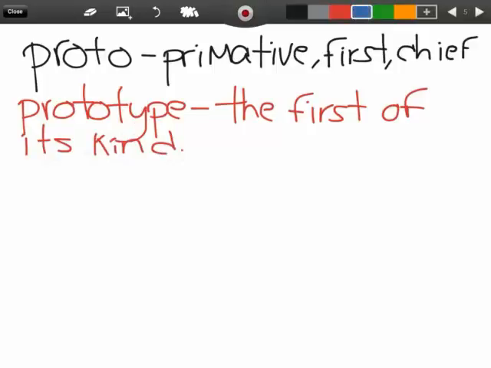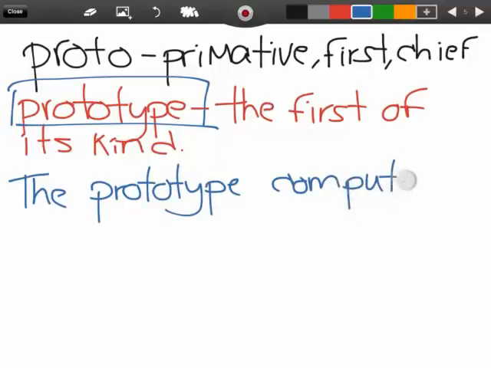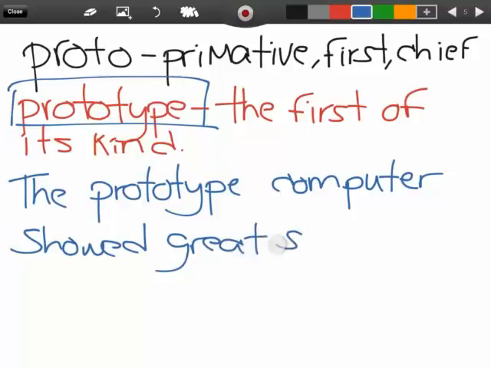I'm going to use prototype in a sentence. I'm going to read that to you. The prototype computer showed great success.